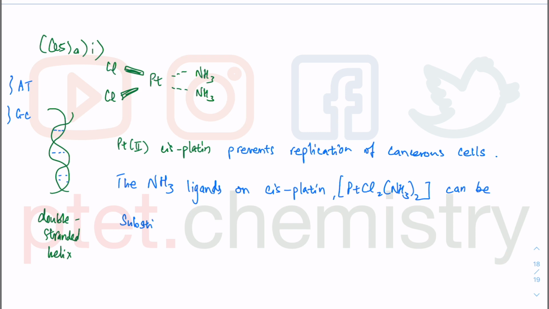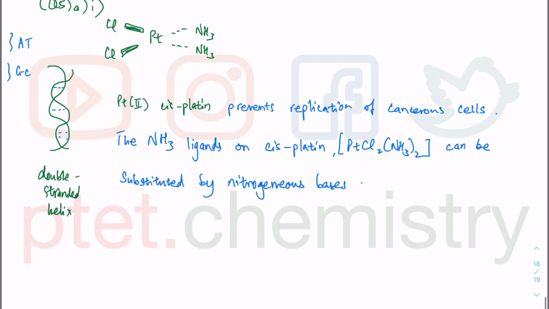So it undergoes a ligand substitution reaction by the nitrogenous bases, those adenine, thymine, guanine, and cytosine on the DNA backbone, therefore binding DNA onto the platinum 2 complex.